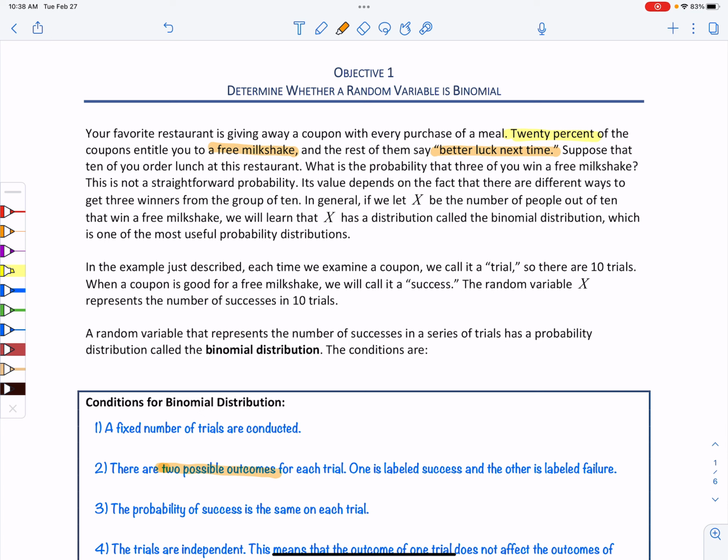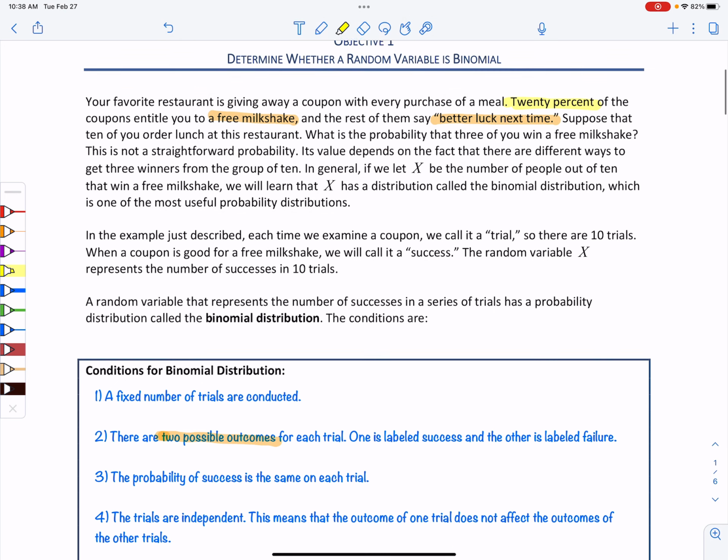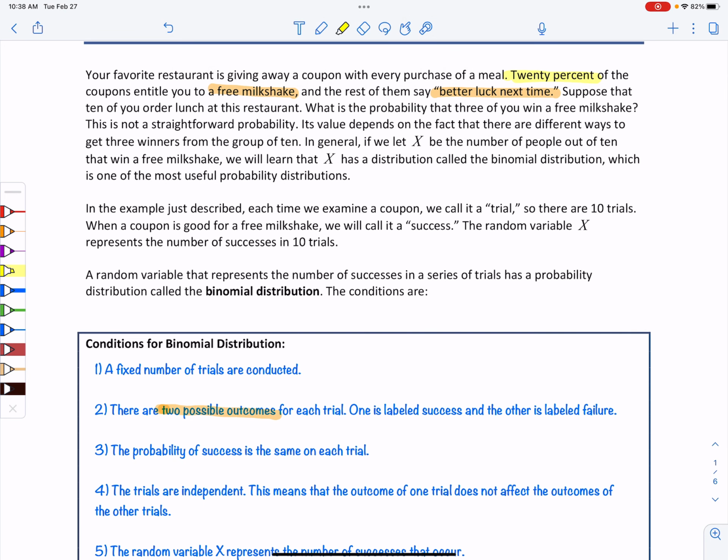Binomial, two possible outcomes. Now, there are a few other things that have to be met and things that we have to check. One looks at the probability that I mentioned just a few minutes ago. It says the probability of success, in our case, a free milkshake, must be the same for every trial.